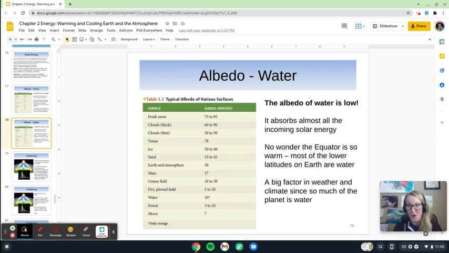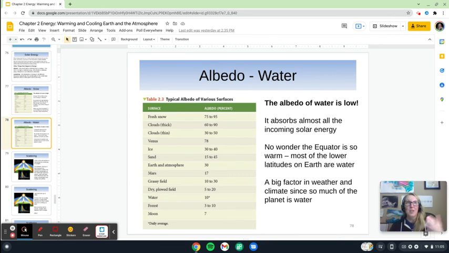Water actually is dark. Even though at the right angle you can have some reflection, overall water's albedo is low, so it's absorbing almost all of the energy, about 90% of what it gets. And that's no wonder why the equator is so warm. Look at a map or a globe and see how much water is across the equator. It's almost all water, with very little land.